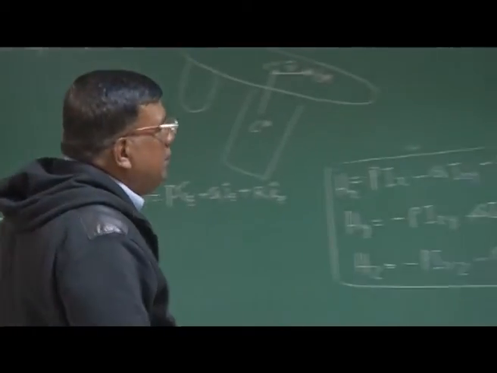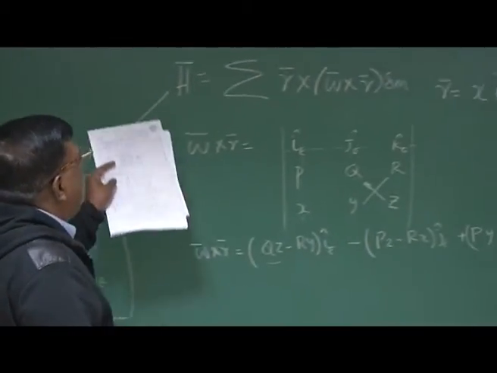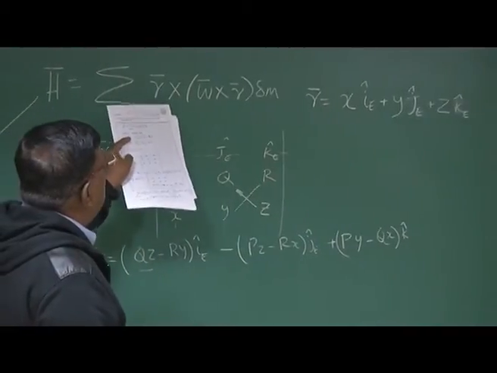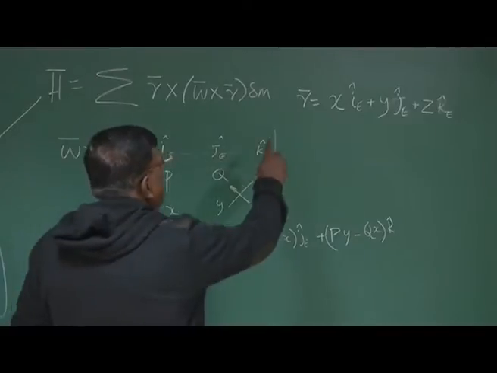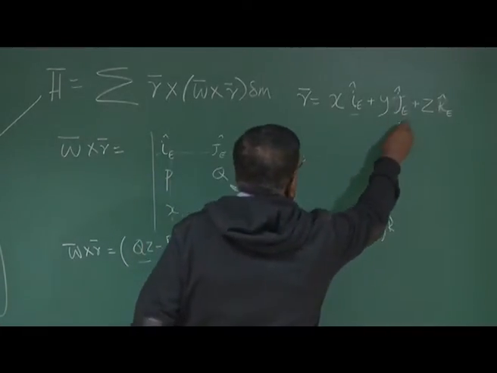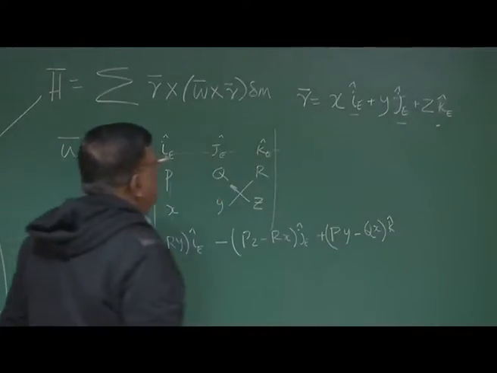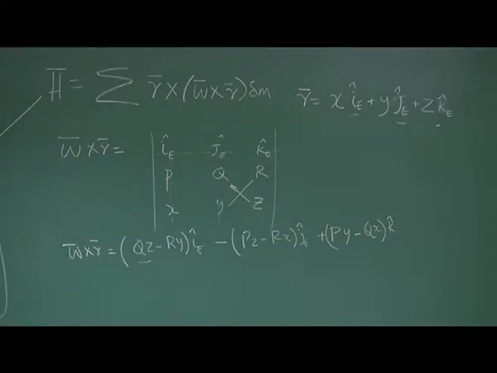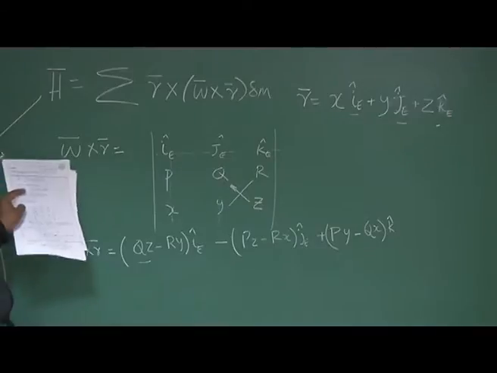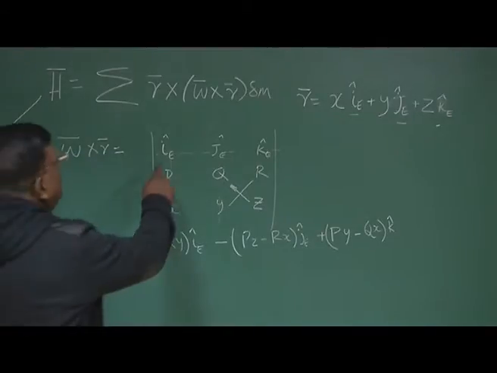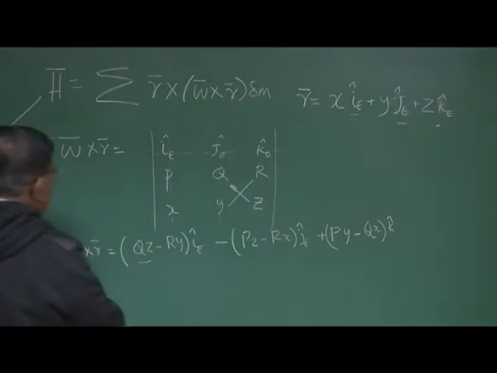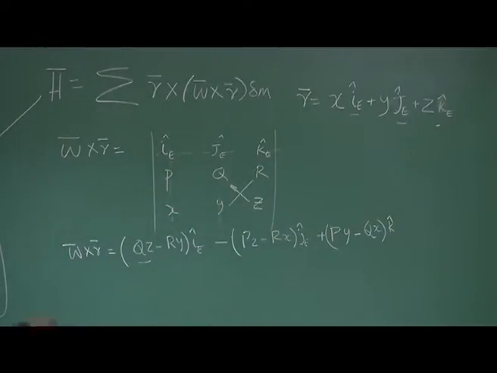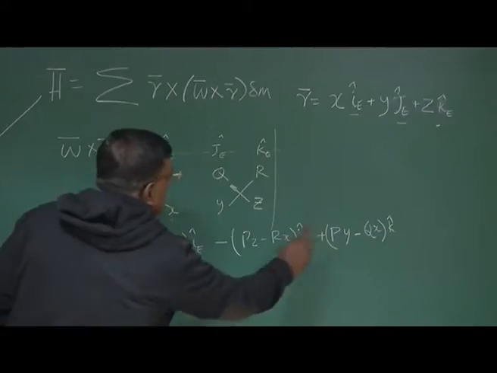Please go back to my lecture notes. The expression of H was given as summation r cross omega cross r dm, and you know r is x IE, y JE and z KE. Now, if I take the cross product omega cross r, with I, J, K, P, Q, R, x, y, z, I will get these three terms like this.